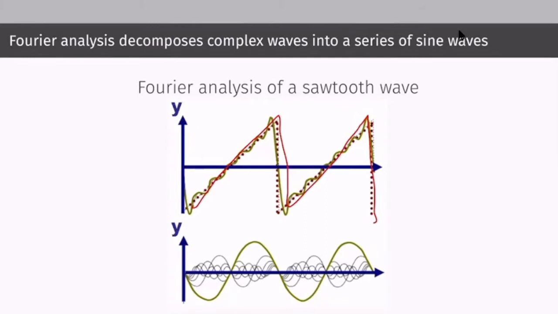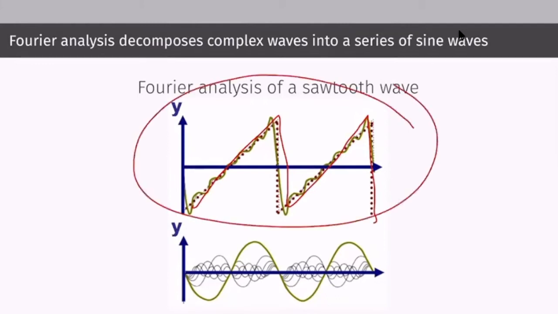And Fourier analysis takes this and converts it to this. You can characterize at any point in time a complex wave as a sequence of pairs of numbers, where one number is the frequency of a sine wave and the other number is its amplitude.